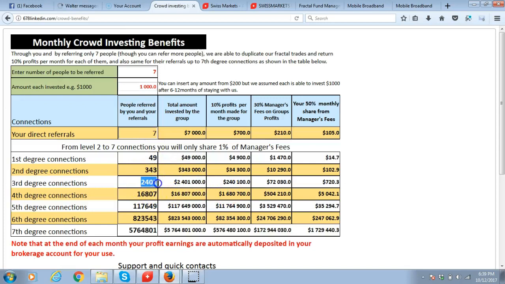Let's take this one, where you are now able to have a connection that has grown to 2,401. Sorry, they will contribute about 2 million. This is the only way we can move fast. And once they contribute 2 million, the 10% profit there will be 240,000.